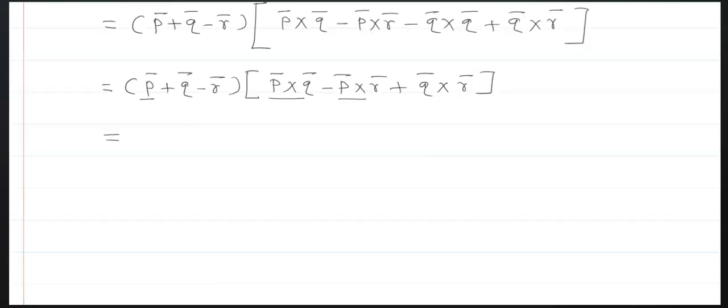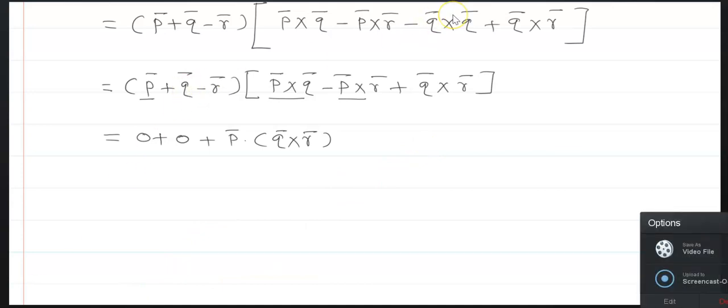Therefore, q bar cross q bar, that is 0. Now these things are remaining only. See this again here. Q bar cross q bar, that is 0. Therefore, p bar cross q bar minus p bar cross r bar, q bar cross r bar.